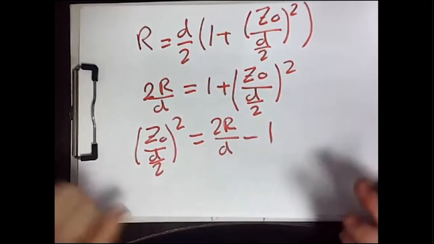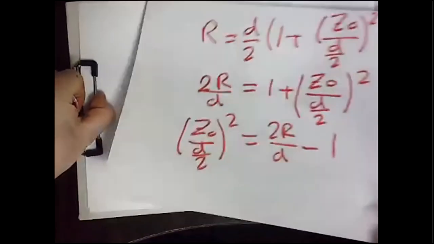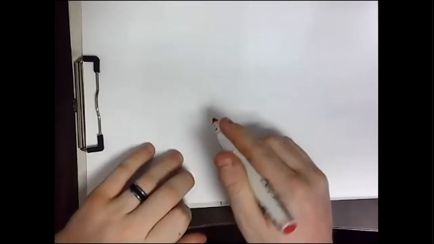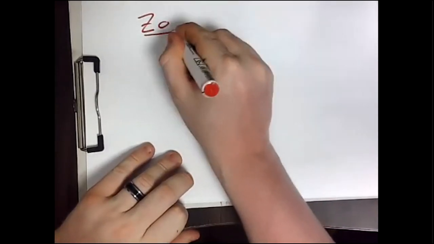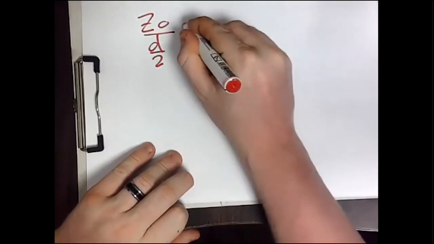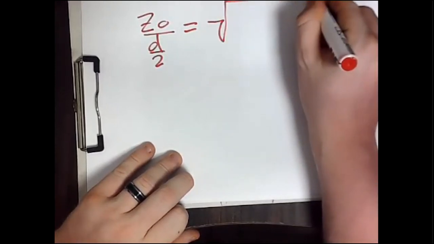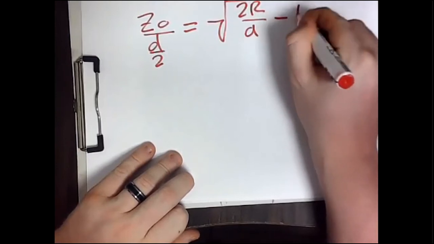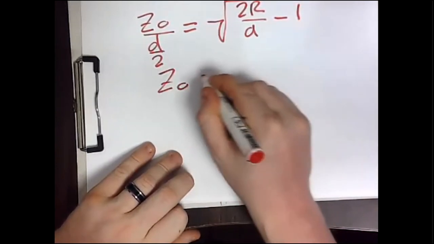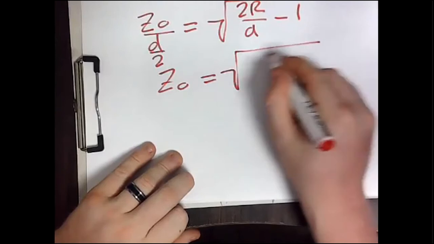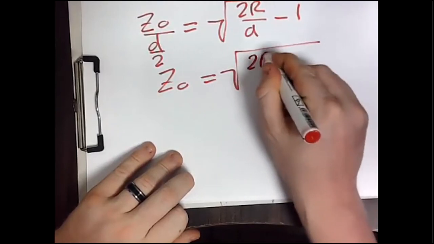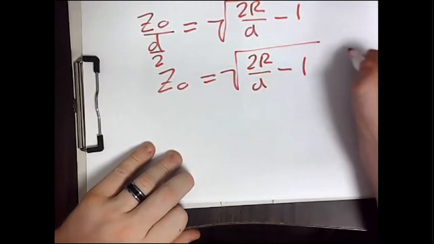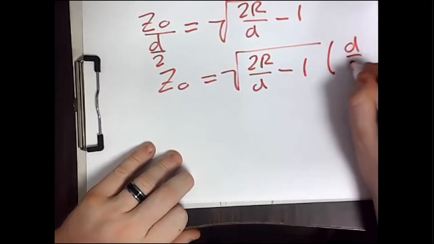Now let's take the square root of both sides. Then Z node over d over 2 equals the root of (2R over d minus 1), or Z node equals the root of (2R over d minus 1) multiplied by d over 2.